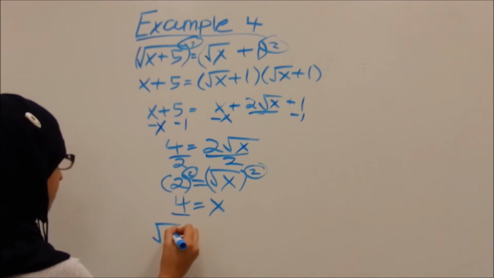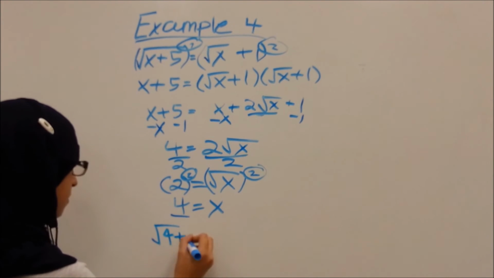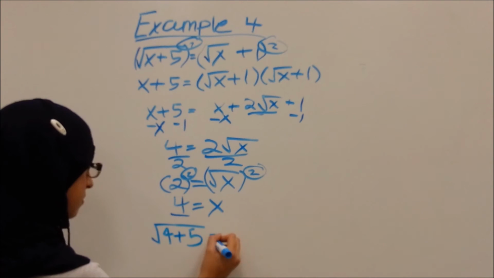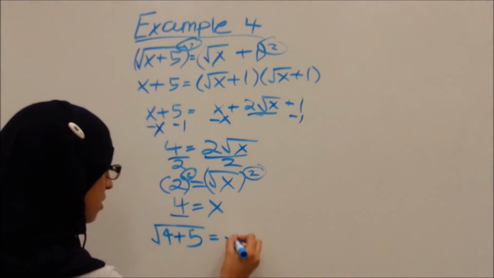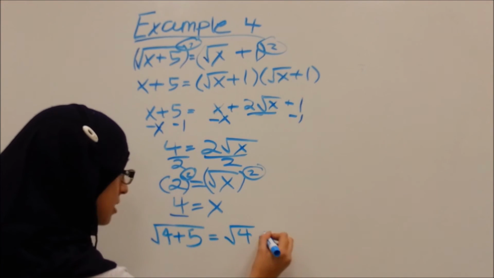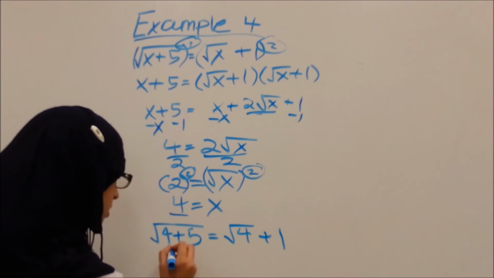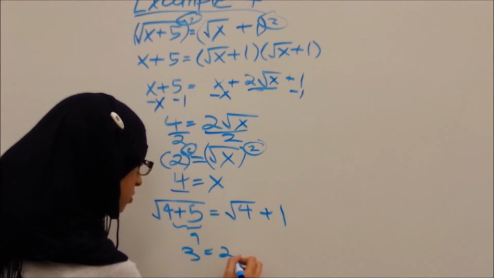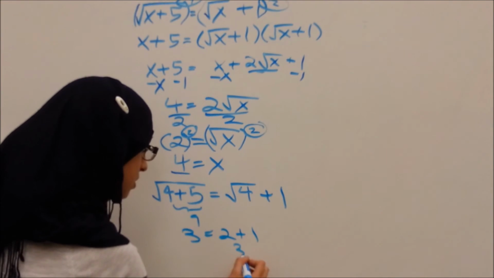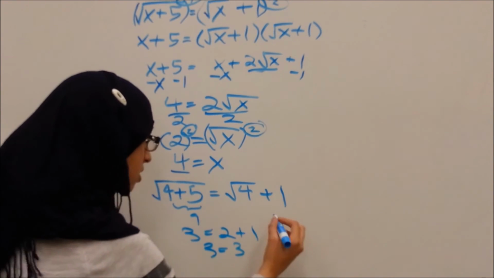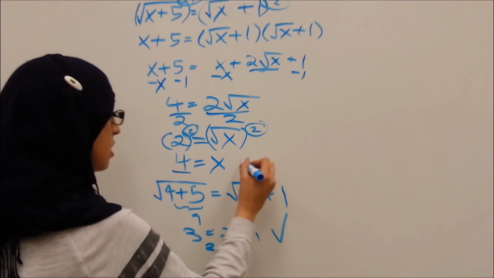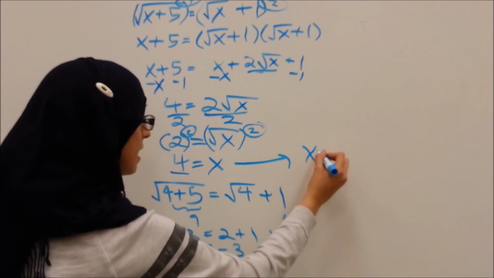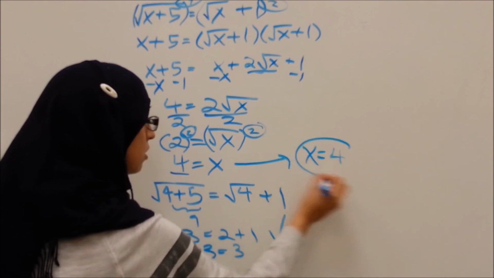So square root of 4 plus 5 equals the square root of 4 plus 1. So 3 equals 2 plus 1 is 3. And so this works. And so our answer would just be x equals 4.